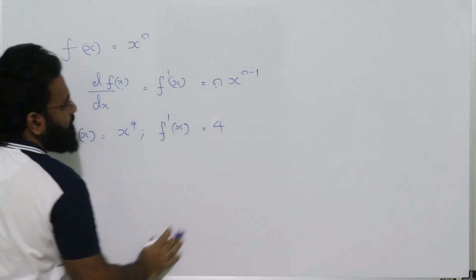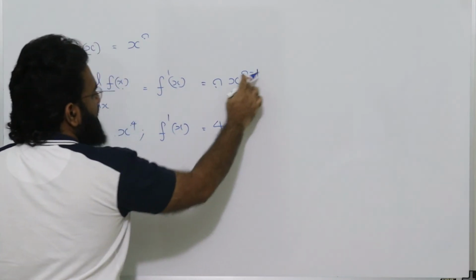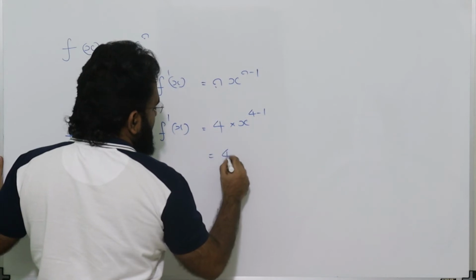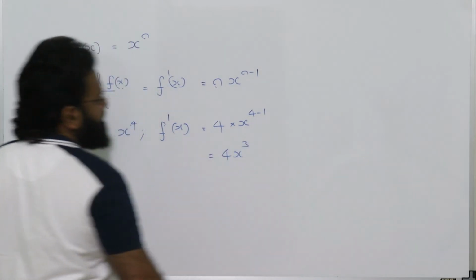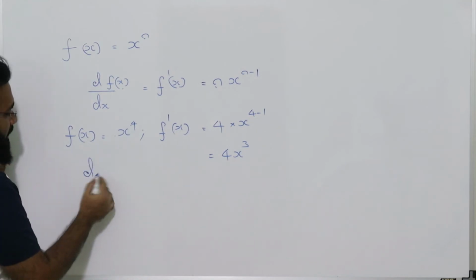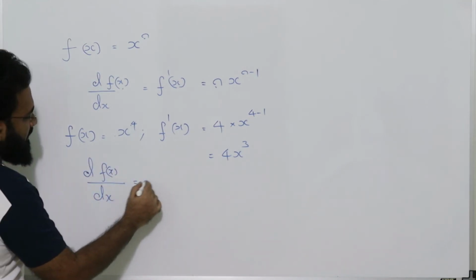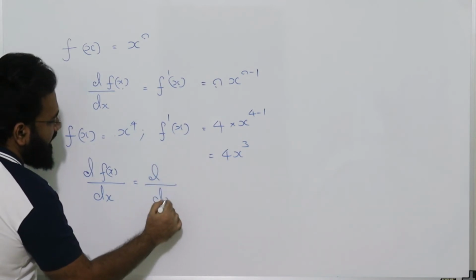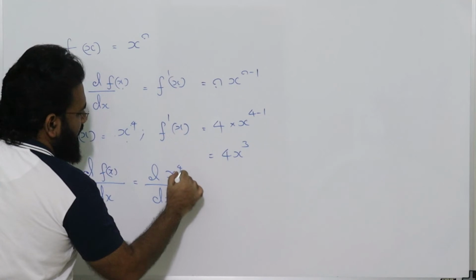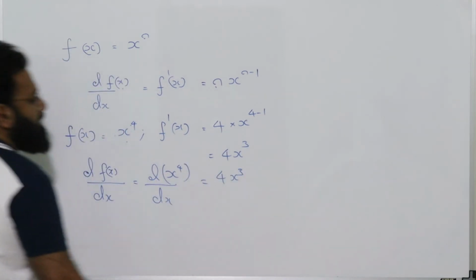So write 4 into x raised to n minus 1, which is 4 minus 1. So this is nothing but 4x cube. Clear? So here d by dx of x raised to 4 is nothing but 4x cube. This is the answer.